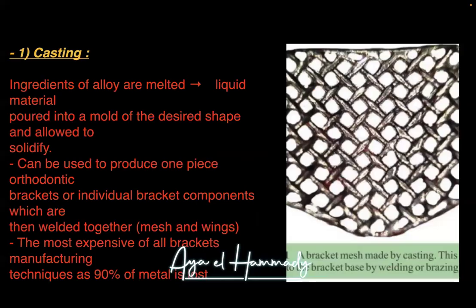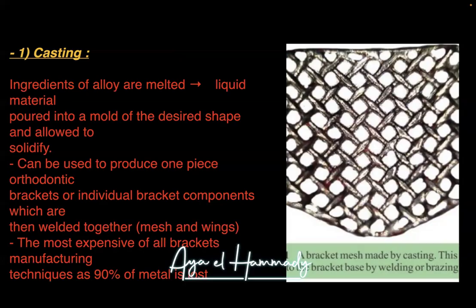What about the casting here? Okay, I have the metal alloy in my hand. It's melted, okay? It gives me a liquid. I'm going to pour this liquid into a mold to give me the shape of the brackets, okay? It can be used for one piece or a lot, okay?